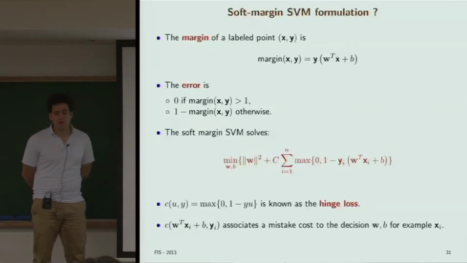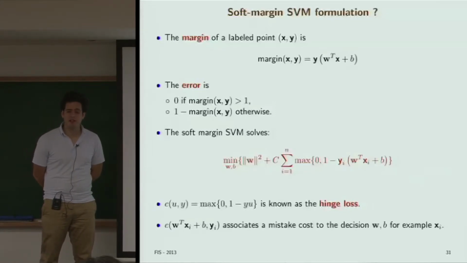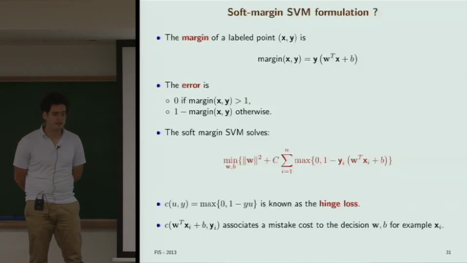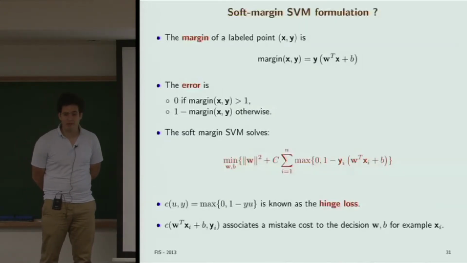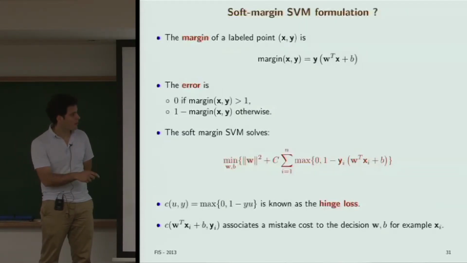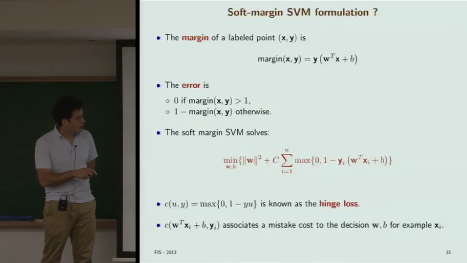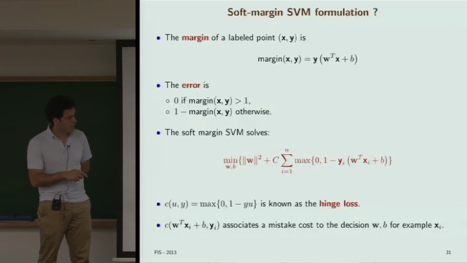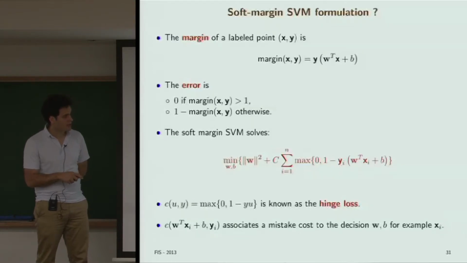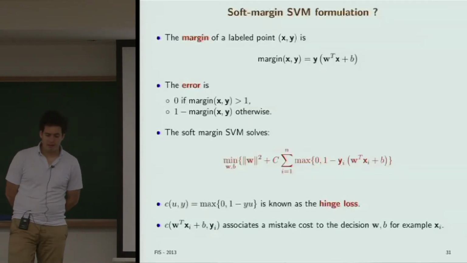So let's formalize a bit better this idea of violating the separability constraints. Imagine that you have a point x and we have a label y. We're going to call this quantity, the product of the label times w transpose x plus b, the margin of x and y.